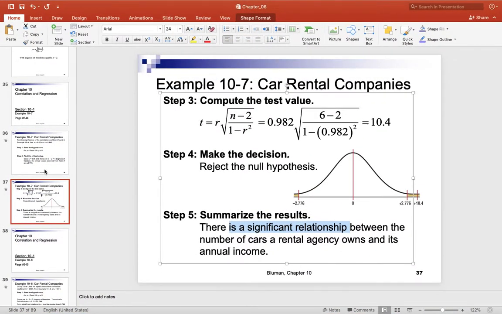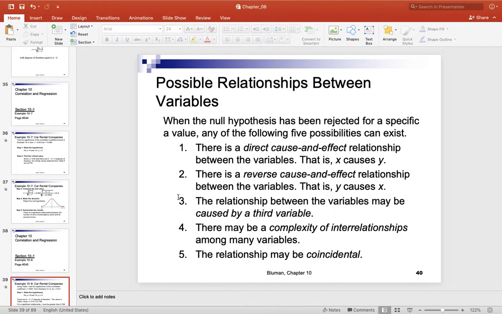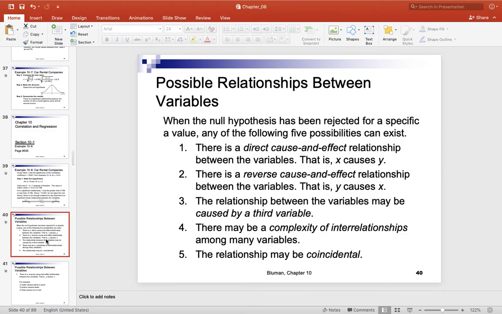Let's continue. The possible relationships between variables. There are five possibilities that can exist between the variables. The first one is a direct cause and effect relationship between the variables.